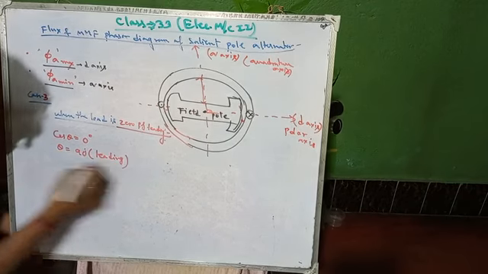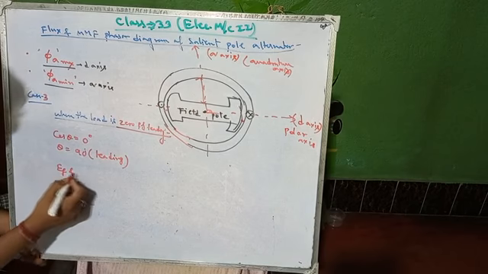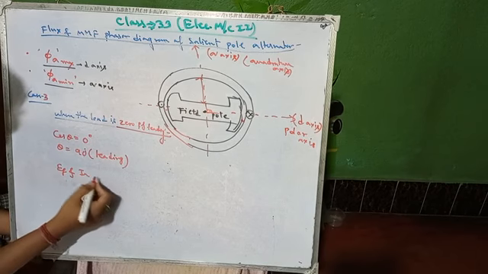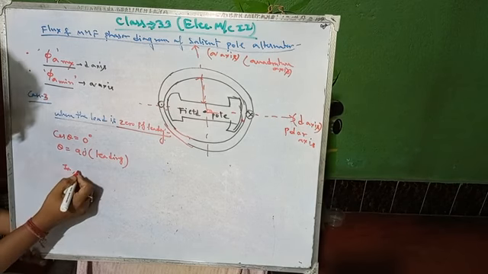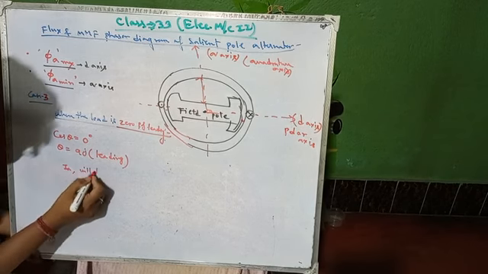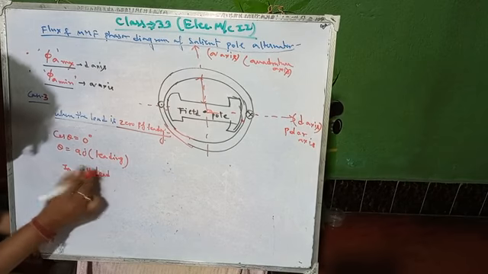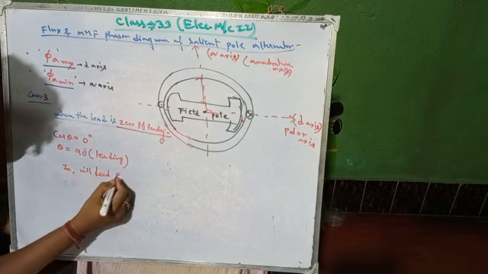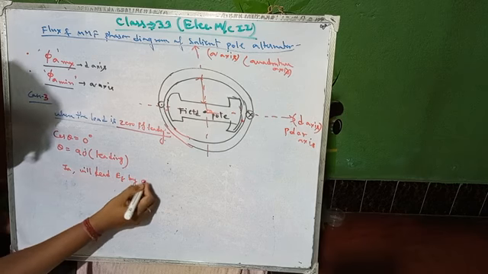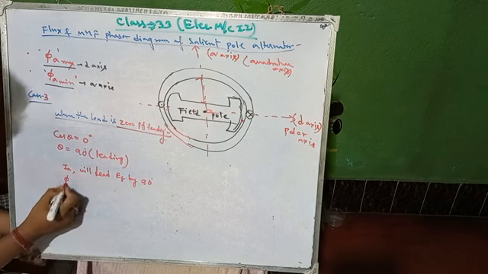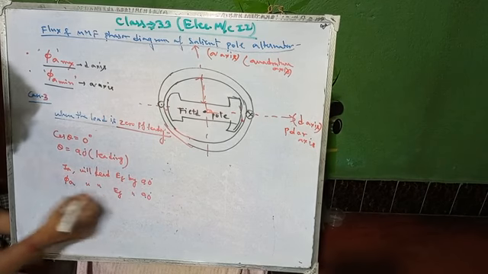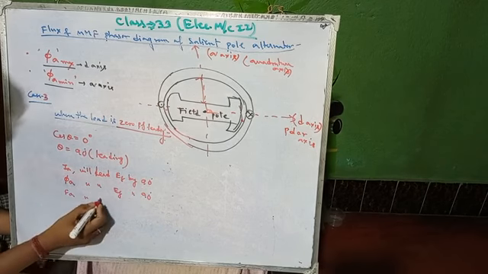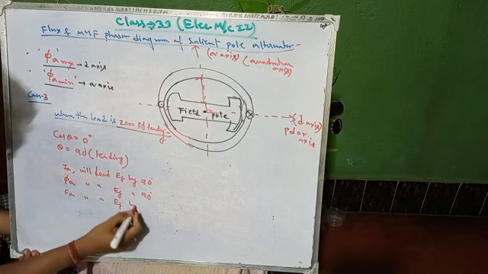Leading means IA will lead EF by 90 degrees, phi A will lead EF by 90 degrees, and FA will lead EF by 90 degrees.